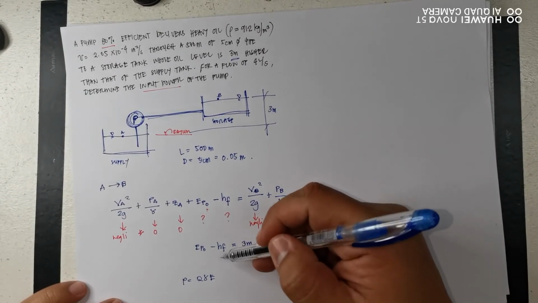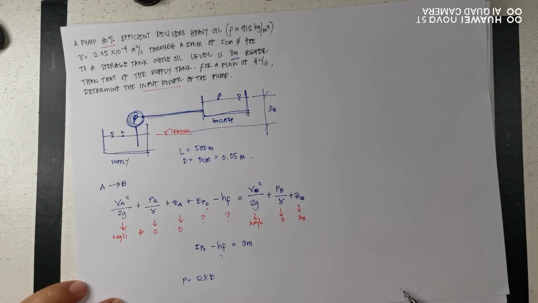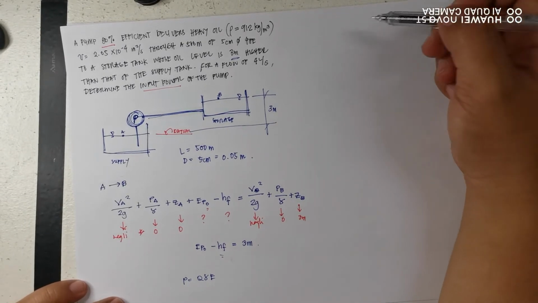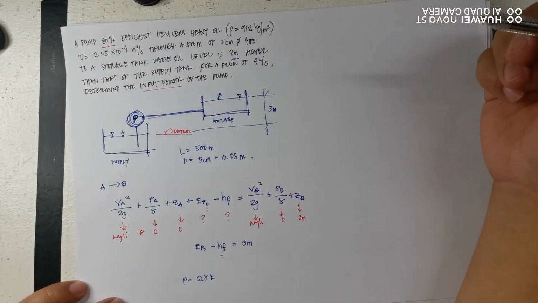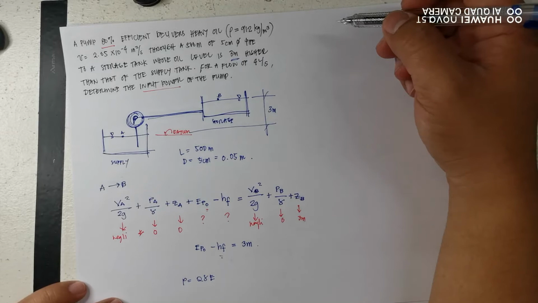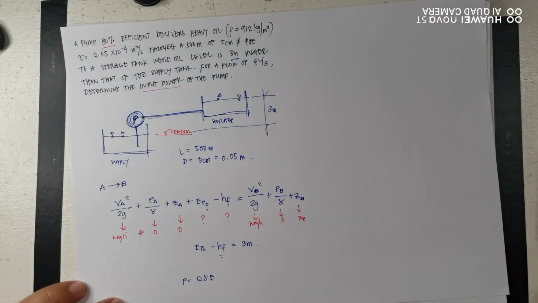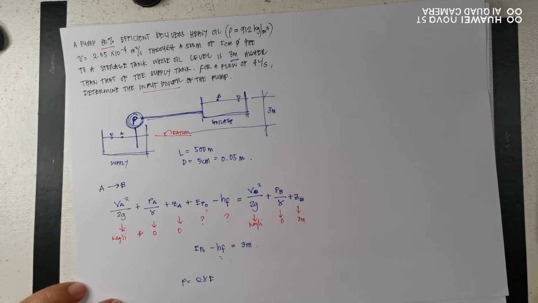So, unahin natin i-identify muna kung ano ang ating HF or yung total loss due to friction. Okay. So, since hindi pa natin alam kung anong formula na gagamitin, identify muna natin, no?